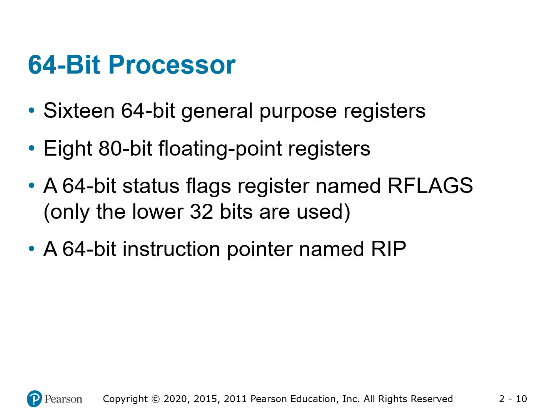Okay, and I said this earlier, the 64-bit processor has 16 64-bit general purpose registers. It has 8 80-bit floating point registers, which is just like the 32-bit. The status flags, remember in the 32-bit processor, the status flags register is called EFLAGS, and it is 32 bits.